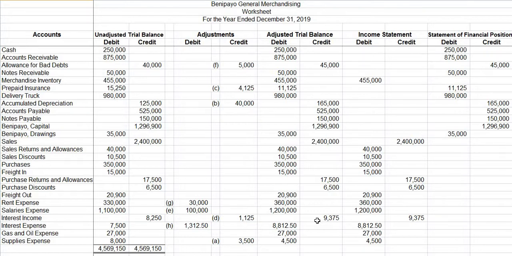By then, finding that mistake may prove to be time-consuming since you've gone a long way already in your worksheet preparation. So please remember and follow that advice.